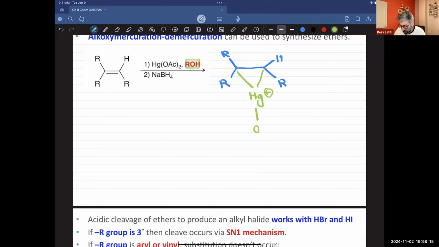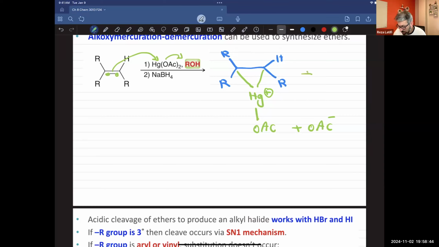And now one of the acetates left the system and turned to OAc-. And what's the reason behind it? The double bond behaved as a nucleophile and attacked mercury and kicked out one of the acetates. Okay, so we got this intermediate.